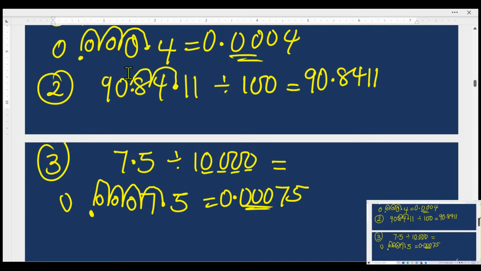So let's see whether the males or the females got the answers fast and correct. Okay, the answer is 0.00075, that's three zeros after the decimal point. The first person who did it was a male, followed by a female. Oh my God, this guy almost got it. Many of you made mistakes.